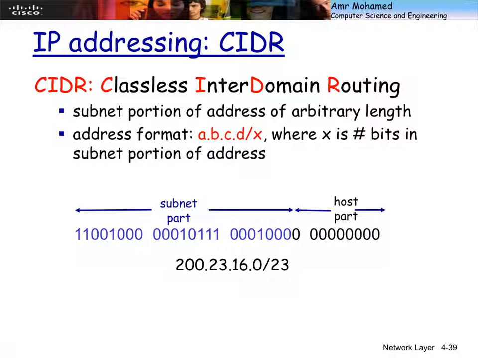In the past, the way we used to allocate IP addresses was a discriminatory kind of address allocation, dividing the address domain into classes: class A, class B, class C. In that case, the network part is either 8 bits, 16 bits, or 24 bits. We don't have anything in between.